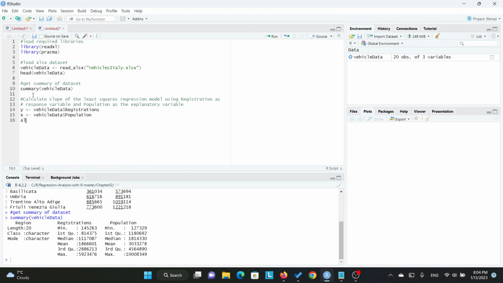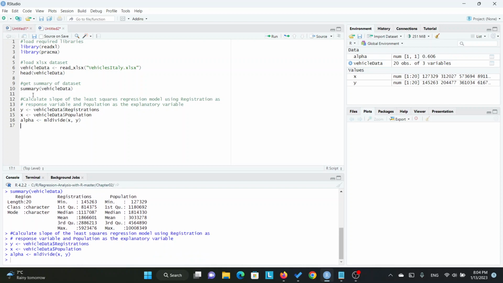Then we're going to calculate the slope using a function called mldivide, and we're going to pass in x and y to that function. That will calculate the slope of the least squares regression model.